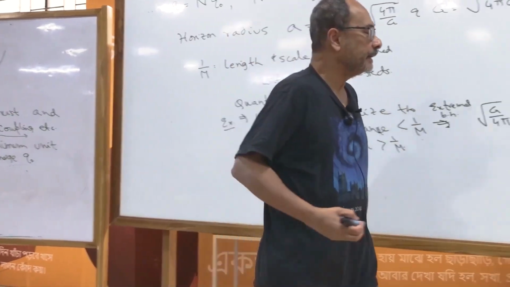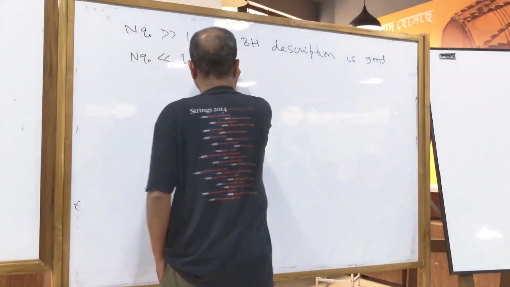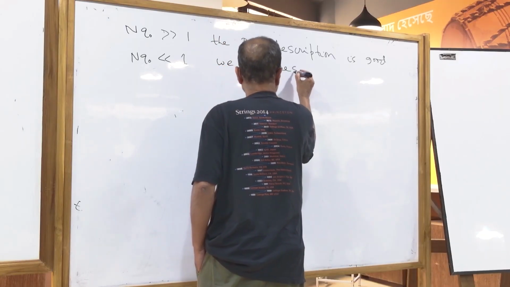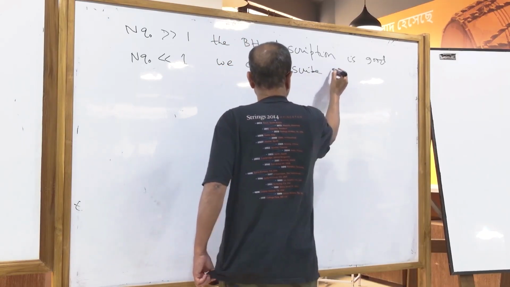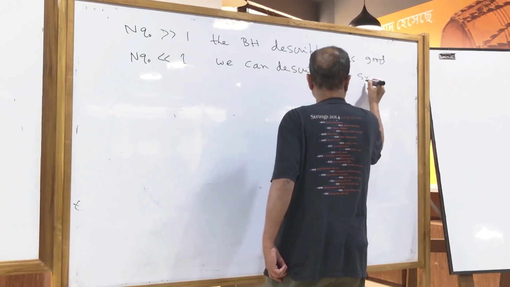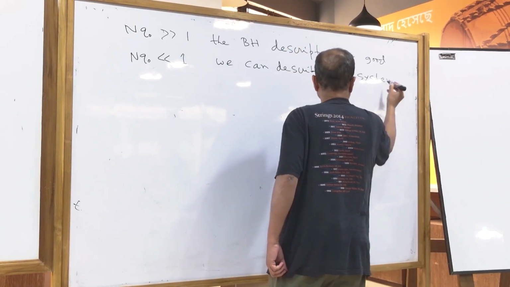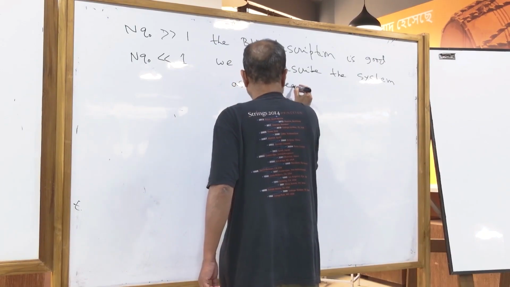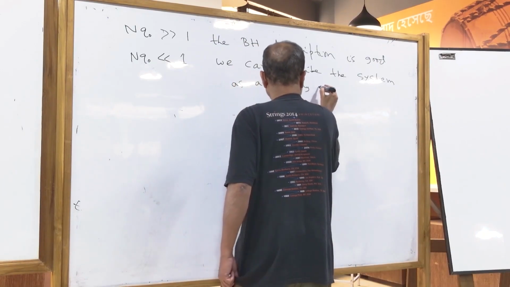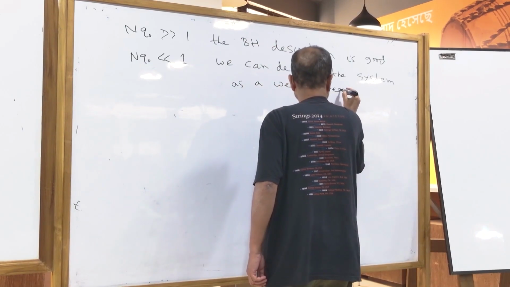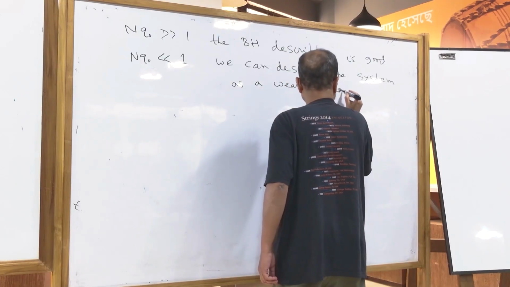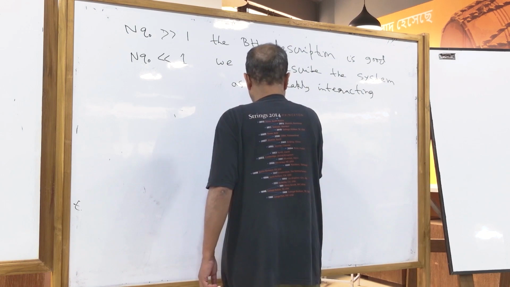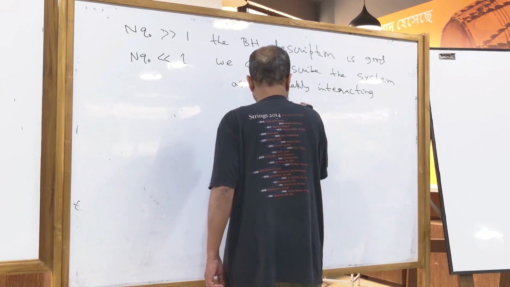So, in this limit, we can describe the system as a weakly interacting quantum system of n particles.